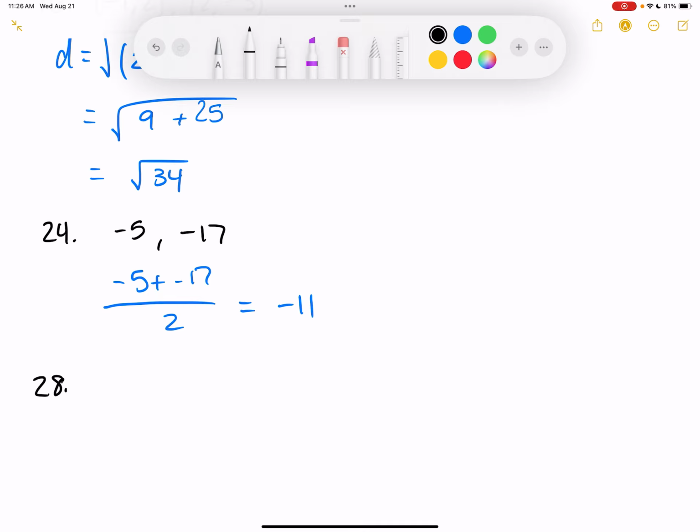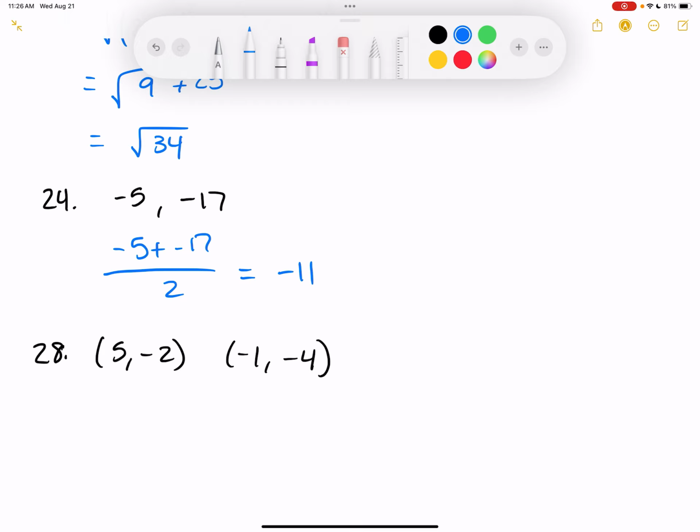The next endpoints are 5, negative 2, and negative 1, negative 4. How do I find the midpoint of that? And what form should my midpoint be written in? Five minus 1 over 2, and negative 2 minus 4 over 2.